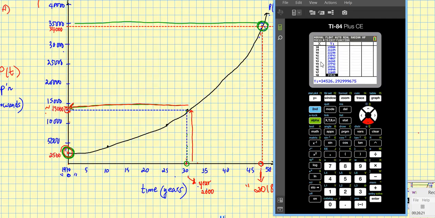I just did 47 and then 48. So it could have been a value between 47 and 48, which it was 47.7, but then we rounded it up to the next whole number, which was 48 years. We're not going to be looking at 47.7 years, we'll be looking at 48.